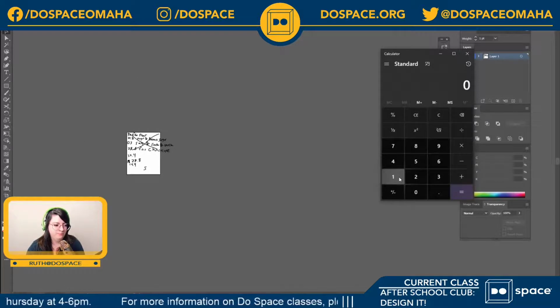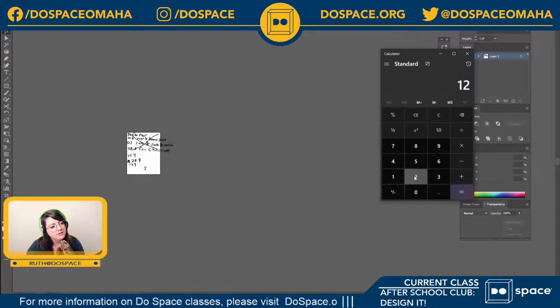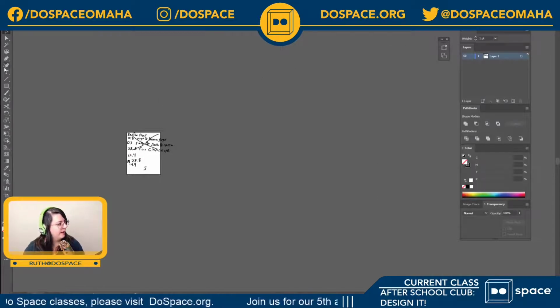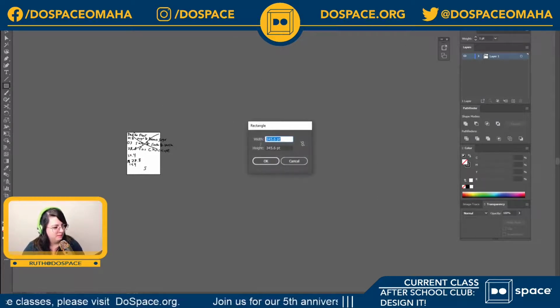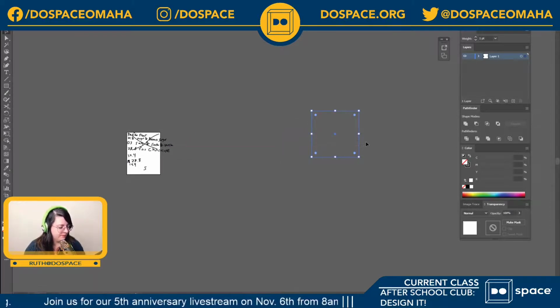So I'm going to see if I can get this in 12 inches per side. That cubed is 36 inches, and that'll fit the biggest size. Okay, here we go. I'm going to make this 12 by 12. Okay, there we go.